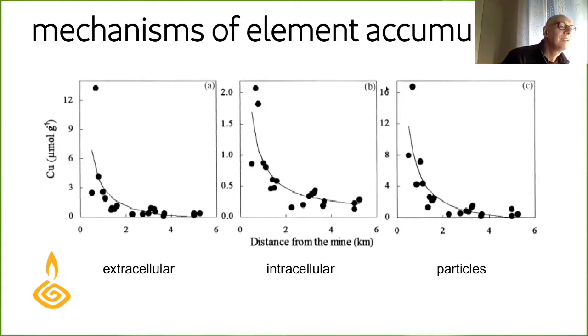Look at the scale. You see the highest proportion is in particles and extracellularly. The proportion of the elements accumulated inside the cell is minimal and can be as low as 5% of an element. That's why lichens can accumulate even huge amounts of toxic metals without having symptoms of toxicity, because elements do not enter inside the cell. So there is no possibility of causing toxicity.